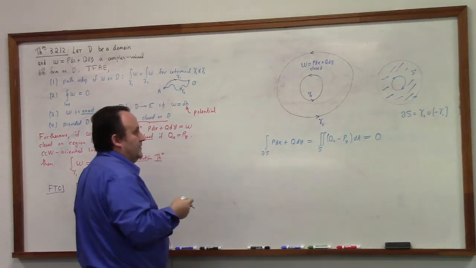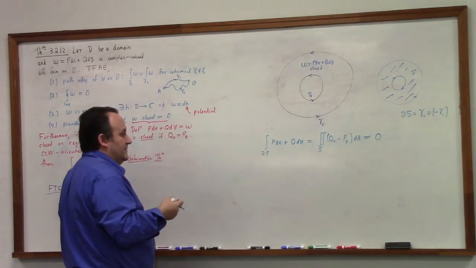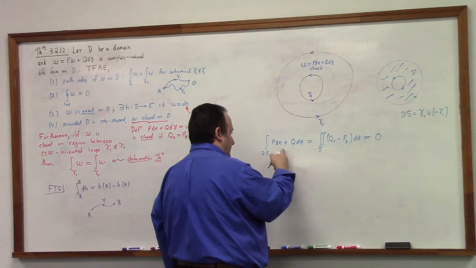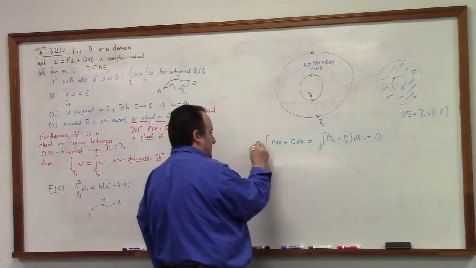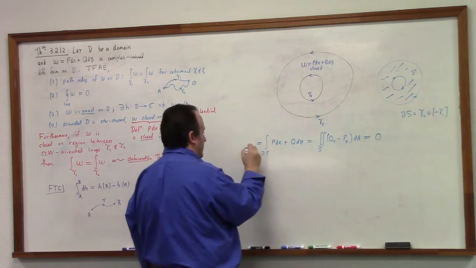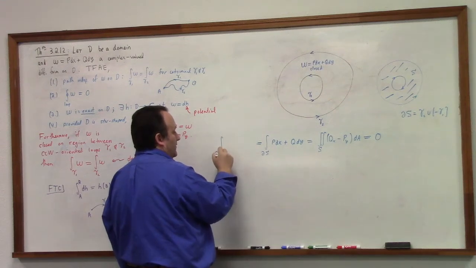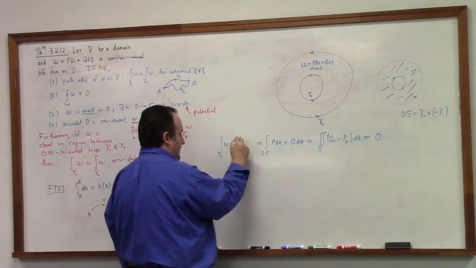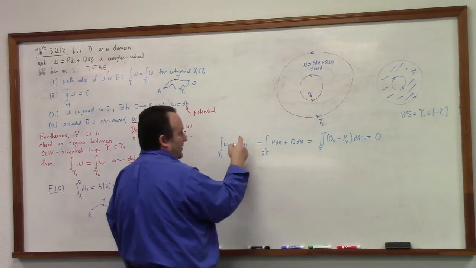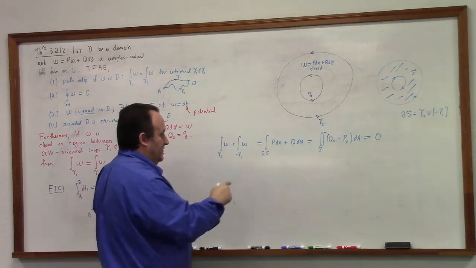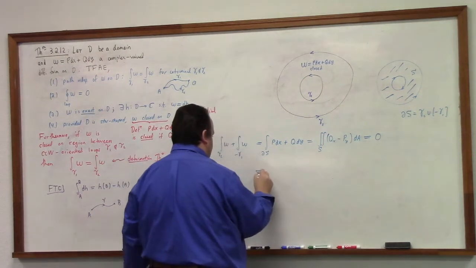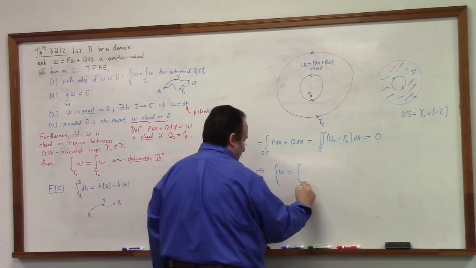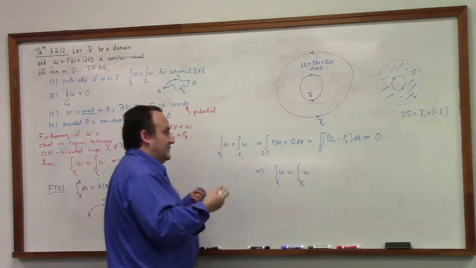So what that gives me is that this is equal to the integral over gamma 2 of omega plus the integral over minus gamma 1 of omega, here omega being p dx plus q dy. Since this plus that is equal to 0, it implies that the integral over gamma 1 of omega is equal to the integral over gamma 2 of omega. And that is known as the deformation theorem.